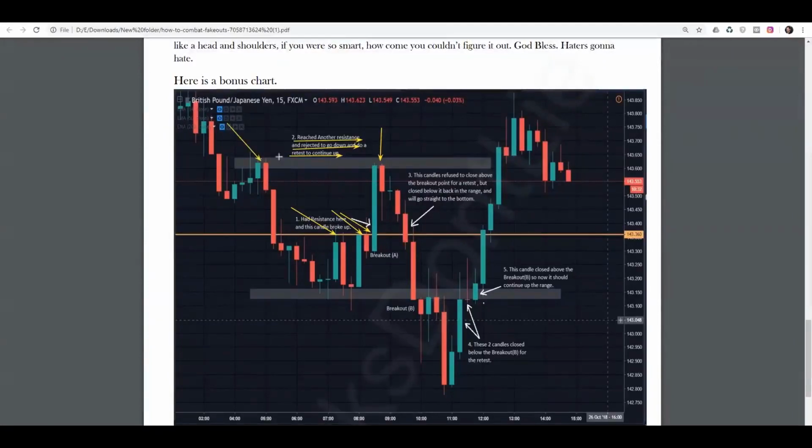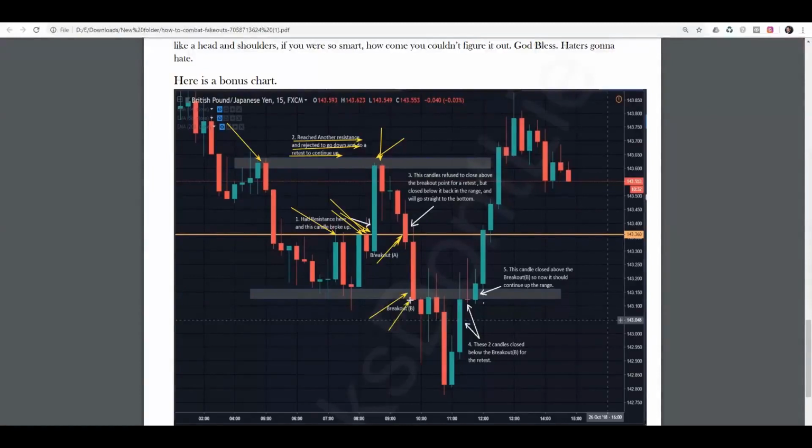Now this candle refused to close above the breakout point of the retest. So this candle had to close bullish at this previous resistance, but closed back in the range and went straight to the bottom.